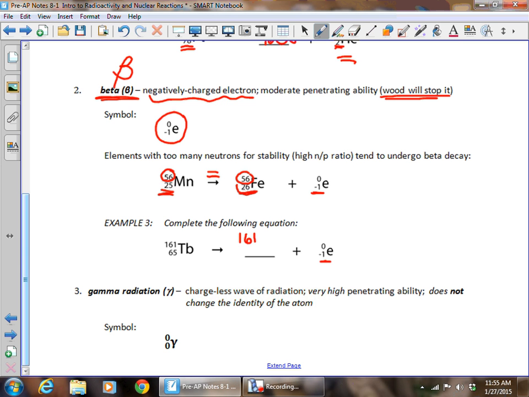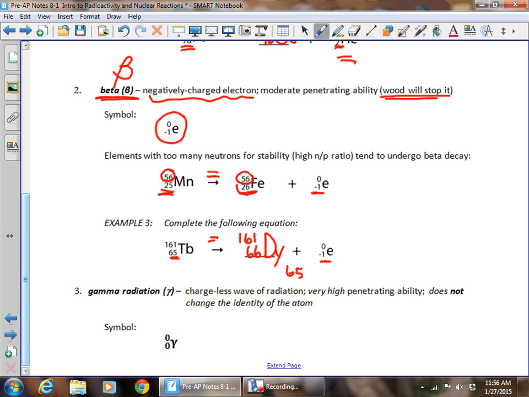And that would be getting further and further away from the 65 over here on the left. So keep in mind, to keep this equal, this bottom number here would need to be a 66. 66 minus 1 is going to give us that 65 we need to match up. Now, what is the element? Look up number 66, and it's dysprosium, Dy. So that's that particular reaction completed.